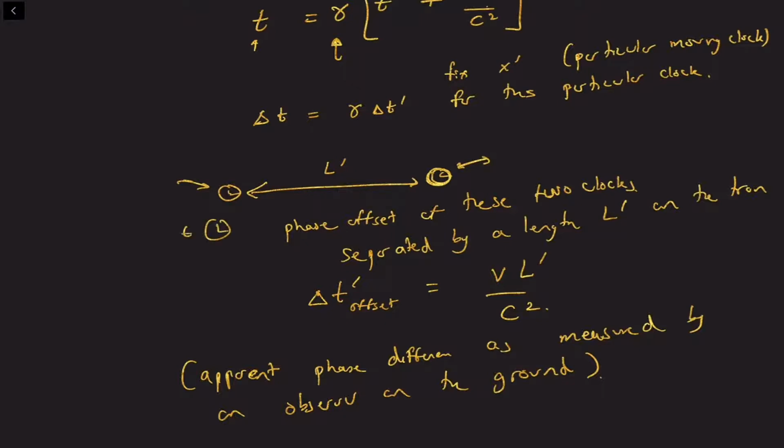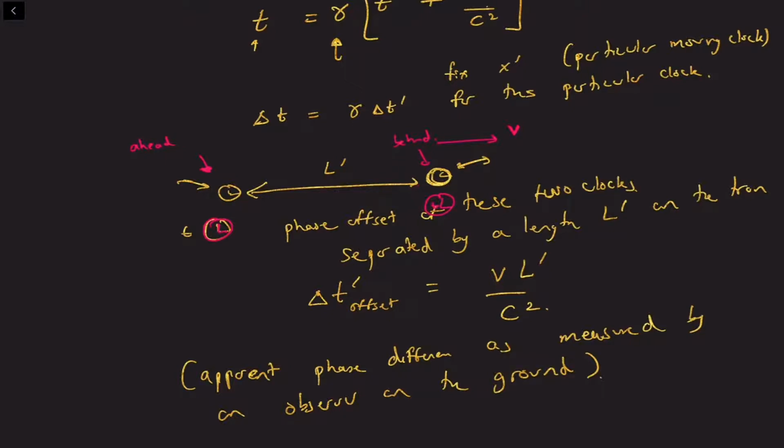So if the ground observer has a clock here which shows a time t and another clock here which shows a time t, and they peek inside the train to look at the readings on the clocks, they would see a phase offset where, if the train is moving to the right, the clock over here is ahead and the clock over here is behind, and the time difference between those two clocks would show v L prime over c squared.